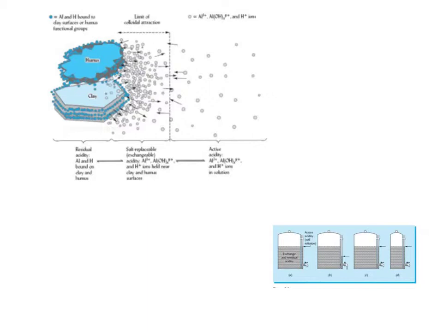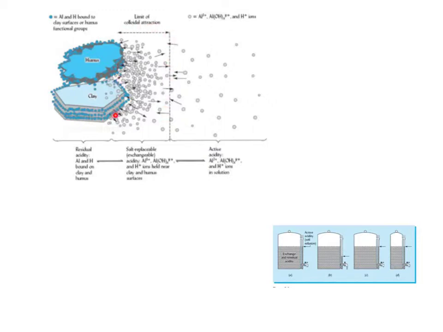But we do obviously have hydrogen and aluminum occurring at and near the CEC sites. So you can see here all around the edges and some of the interlayer spaces in the clay, we've got aluminum and hydrogen that are there. We also have this exchangeable.